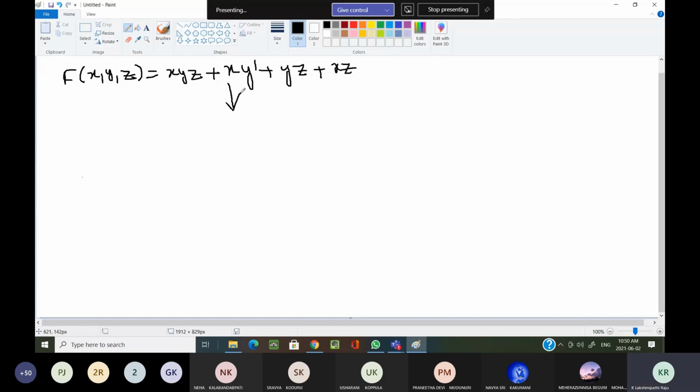Convert this expression into standard form. If you are not getting the solution, tomorrow I want to explain the same problem. We are going to do the solution.